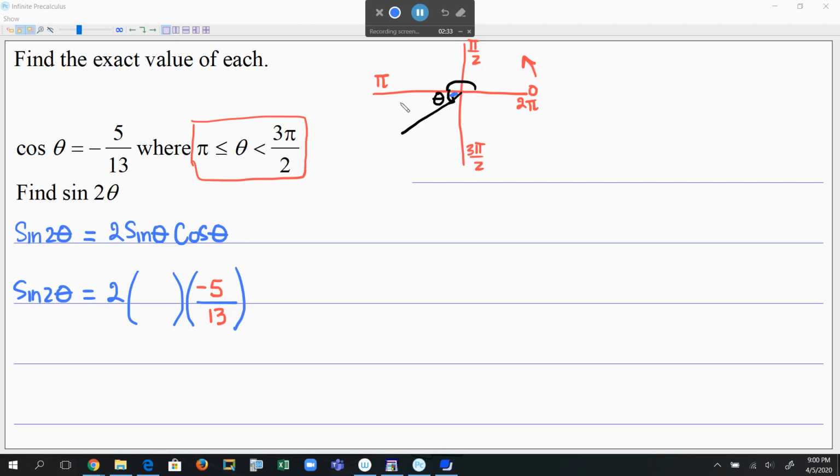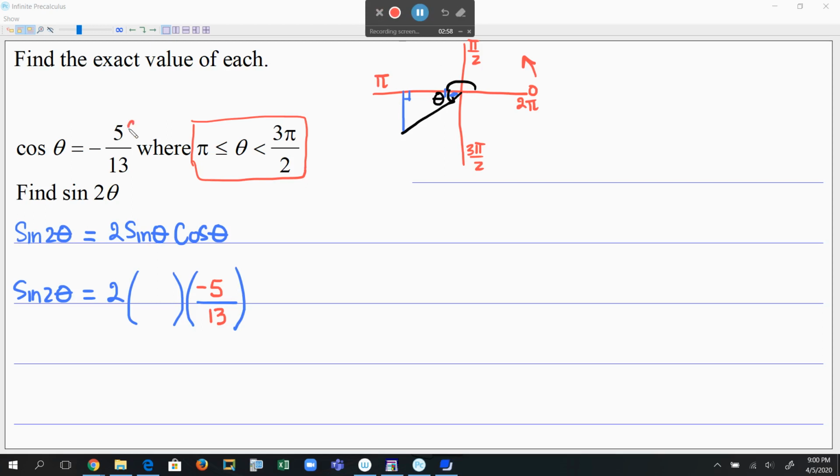Since cosine is given as negative 5 over 13, I'm going to construct a right triangle. This is our reference angle now. Let's label what we know here.